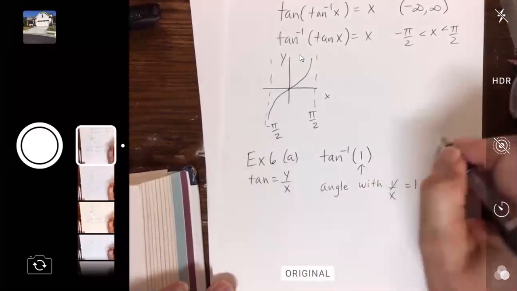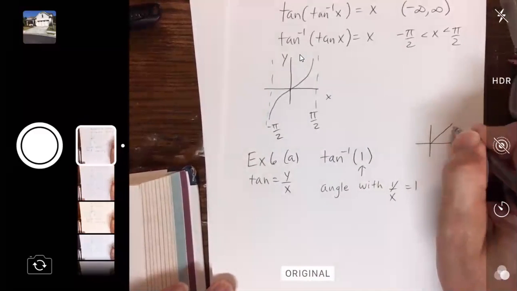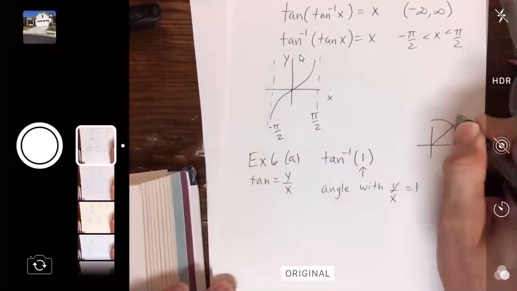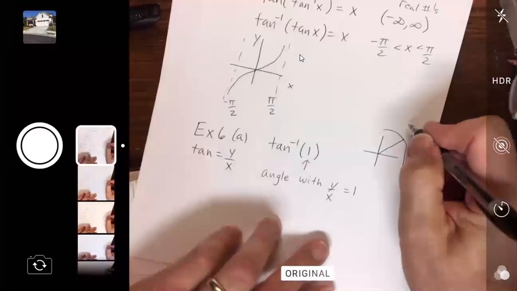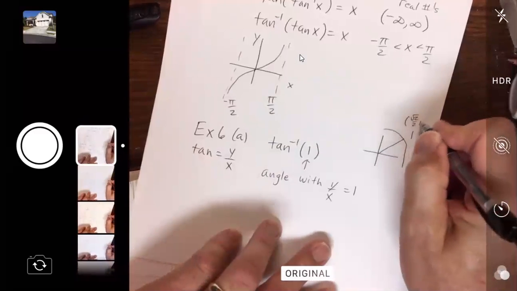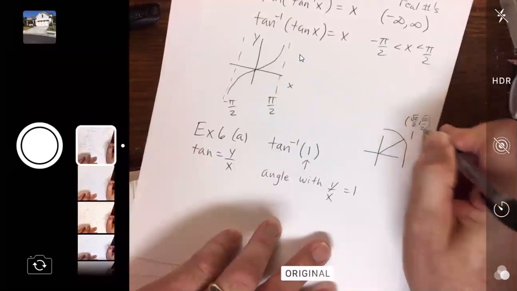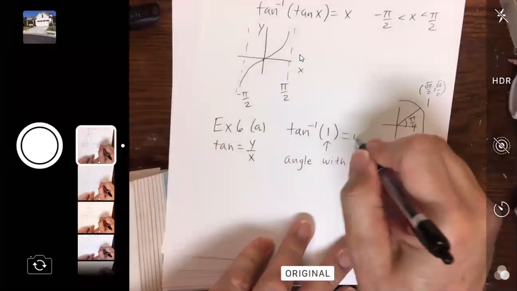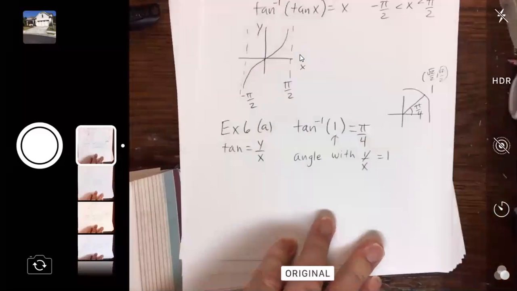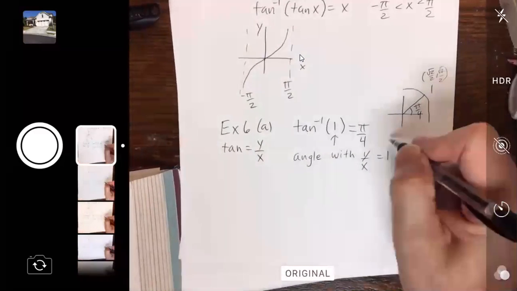Well, if you look on the circle, a tangent value of 1 occurred at the coordinate √2/2, and that was at pi/4. This is equal to pi/4, or 45 degrees.